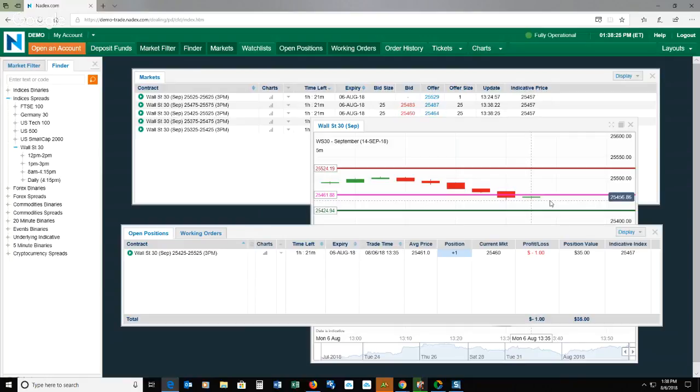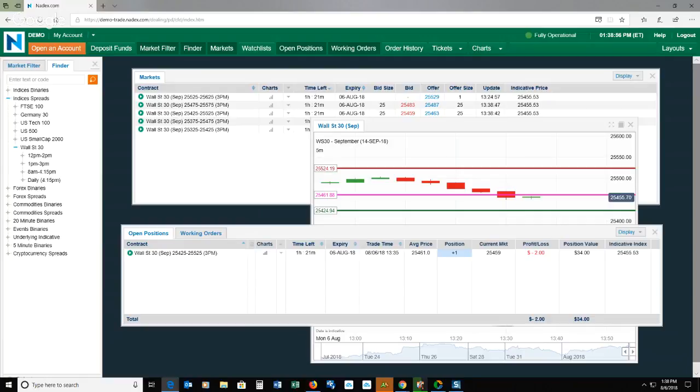Then I have lost the difference between 25,460 and 25,425. And it's variable. It's not like a binary where it always pays out either $0 or $100. It just depends on where price is at expiration.